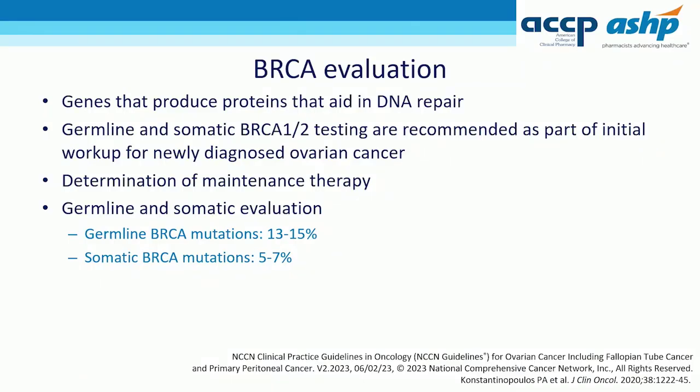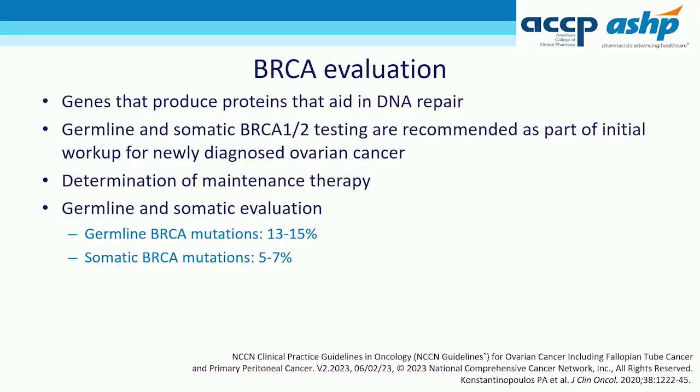So we've spoken a little bit about BRCA mutations. They are something that we do evaluate for all of our ovarian cancer patients. We are looking at both germline and somatic testing for BRCA. What is BRCA? Well, BRCA are genes that produce proteins that aid in DNA repair. So typically, if a patient is BRCA mutated, they are actually very sensitive to our carboplatin and alkylating agents. The reason is because those lead to DNA damage.